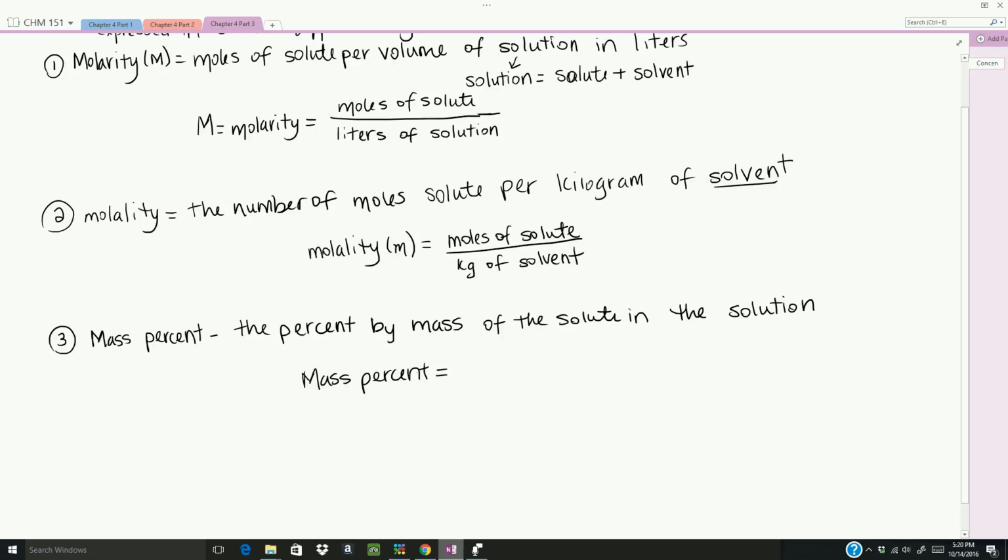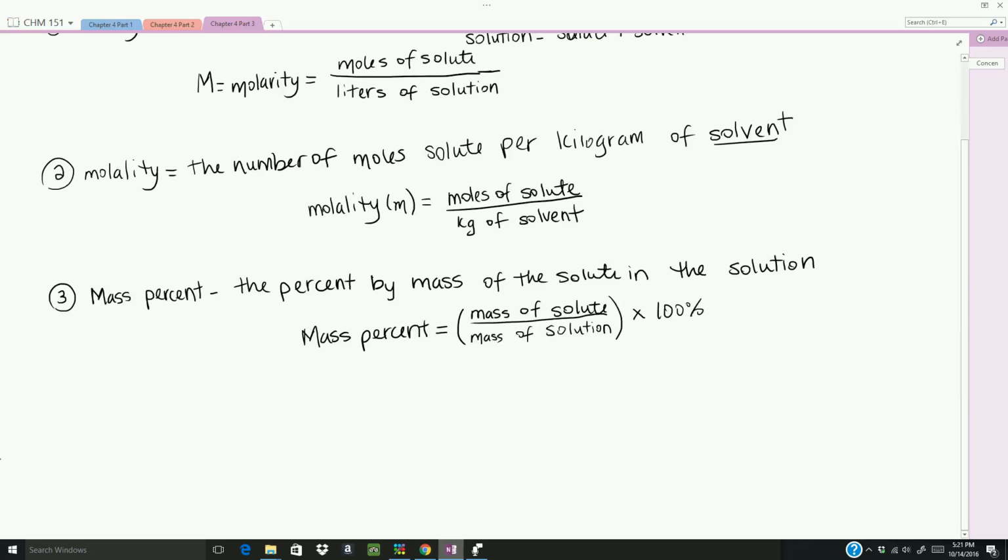You would write mass with a percent sign if you wanted to abbreviate it. It is mass of solute divided by mass of solution. Again, it's the total mass of the solution here, not just the solvent, times 100% to get it in a percentage.